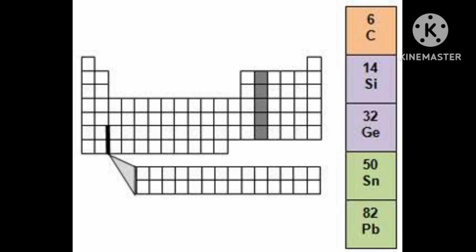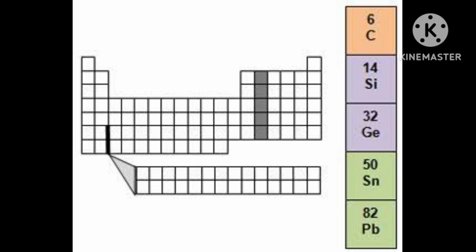Xenon electronic configuration, after that 4f14. You have to fill this, and after 4f is filled, 5d will start, and after that 6s2 6p2. This I have told you about the electronic configuration.